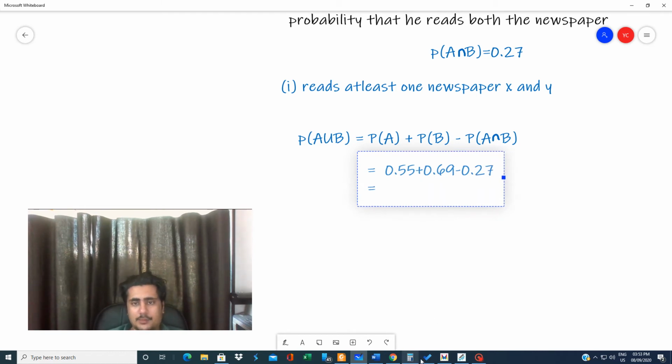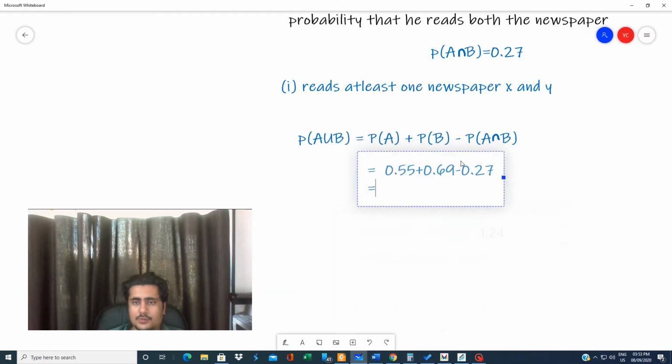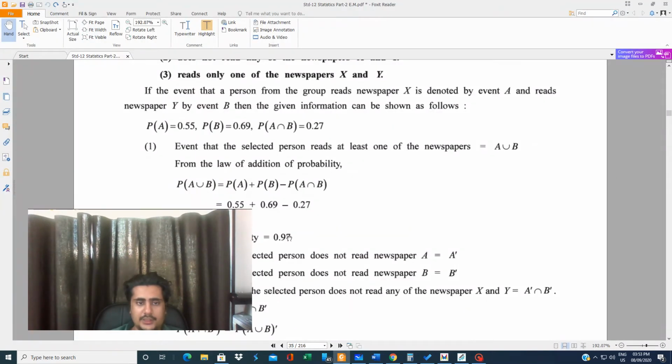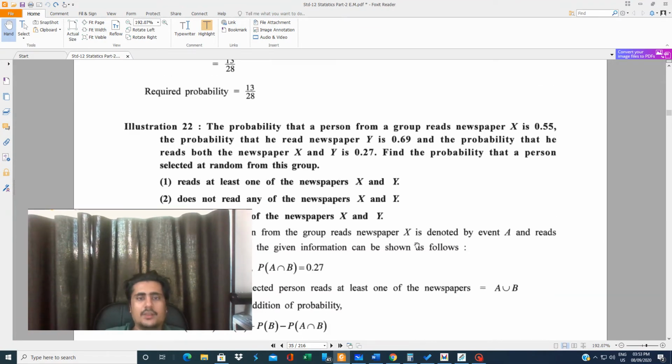If I add up 0.55 plus 0.69, it comes to 1.24, minus 0.27, comes to 0.97. So 0.97 is the required probability that he reads at least one of the newspapers.